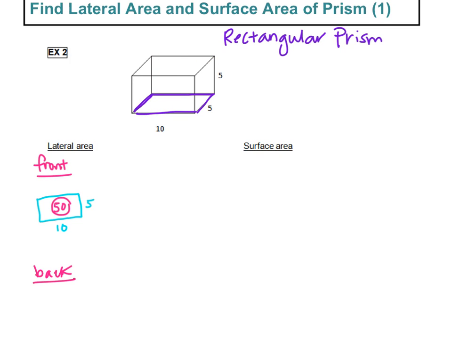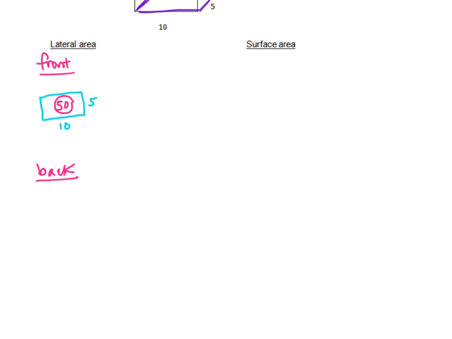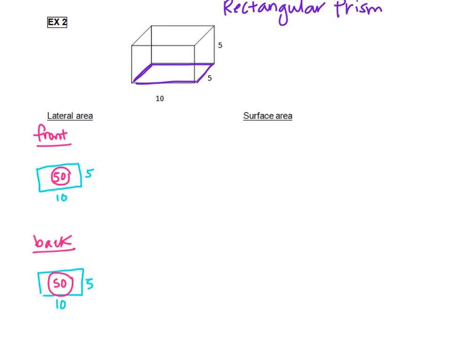So we want to find the area of that back face. So if you look at your picture, you can see the bottom is 10 and that height is 5 again, giving us an area of 50 for the back as well. So we just found the front and the back sides. So we're just finding the area of all the lateral sides. We are not touching the bases right now.